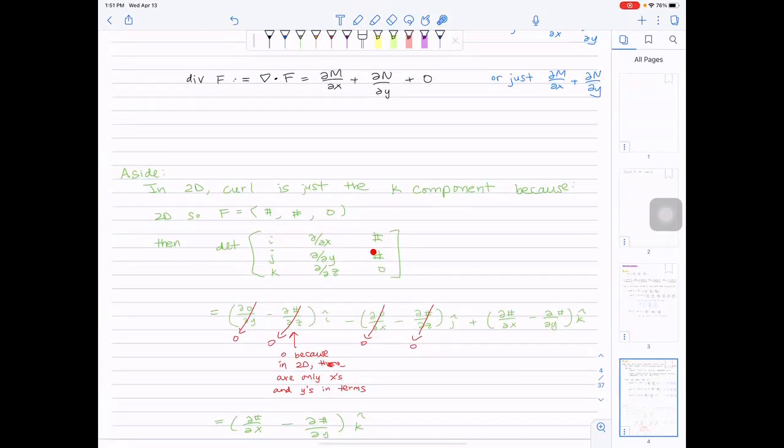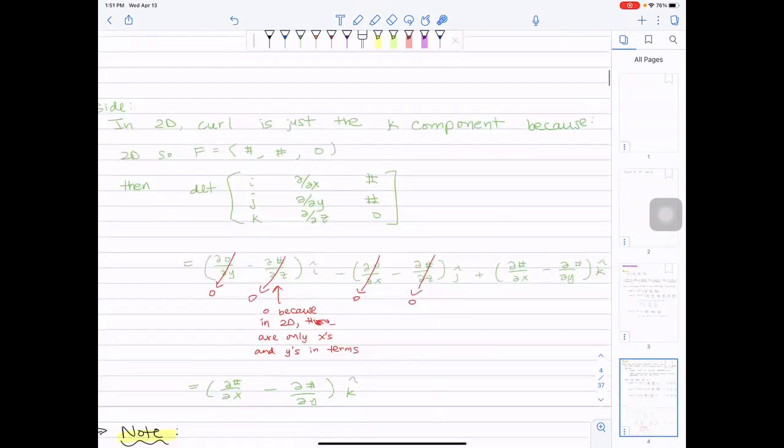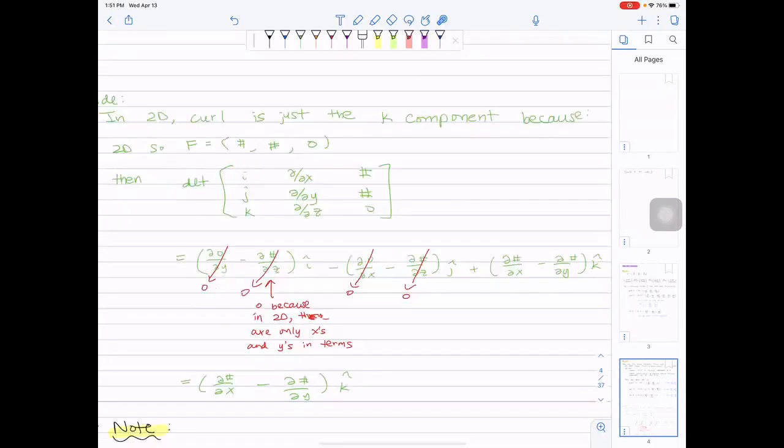Your i component gives you this partial with respect to y, which is 0, minus this partial with respect to z, which is also 0, because remember there's no z. When you take the partial of z, there's nothing to take. So this whole term becomes 0. You can do the same thing with the j component. You get 0, so you're only left with the k component.